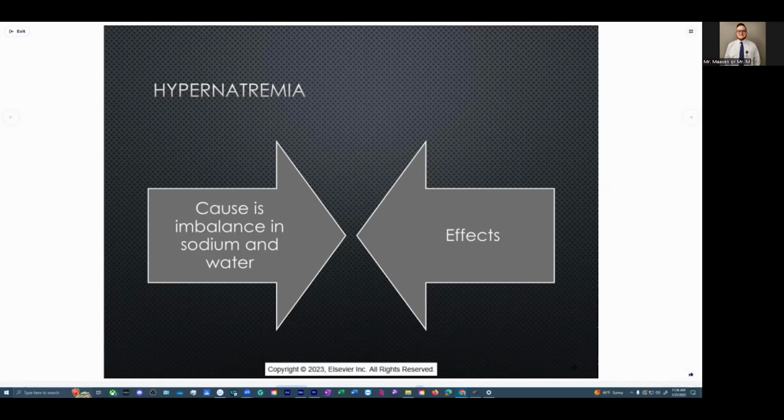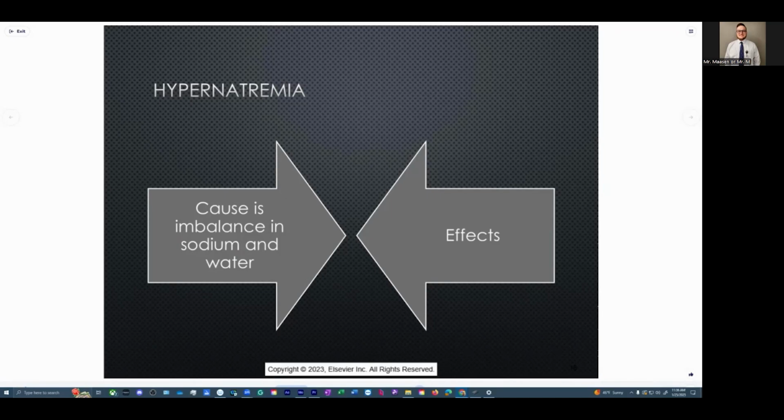So we're losing liquid out of our body and the sodium's not going with it, or it's staying in enough concentration that the concentration equation has now changed, where we've lost so much fluid from our blood vessels that sodium is now a higher concentration in the blood. This could be from dehydration too: if someone was super dehydrated and lost a lot of fluid from their blood vessels, then they could have high sodium levels.